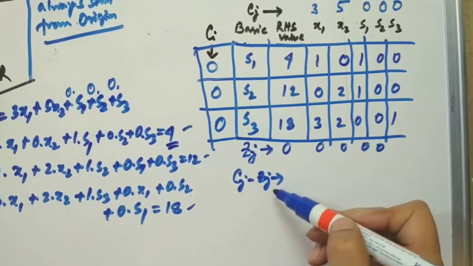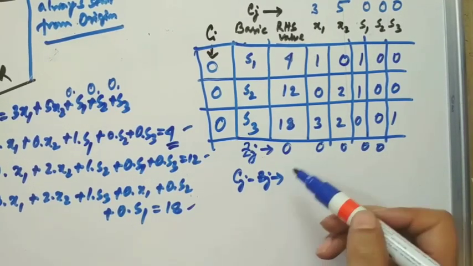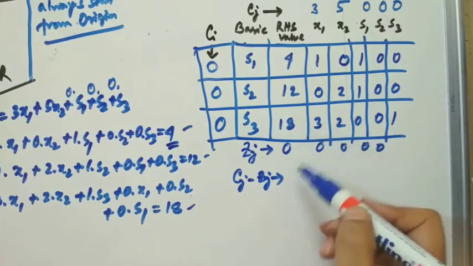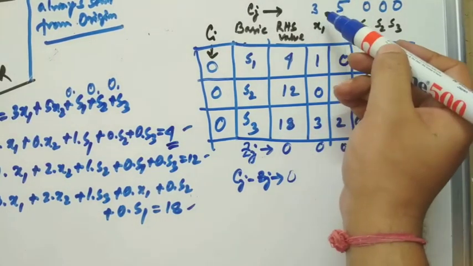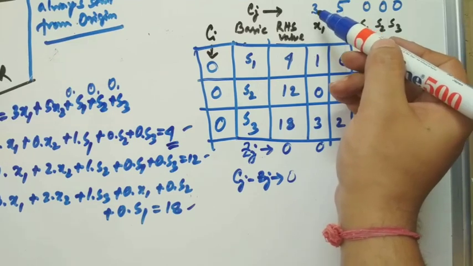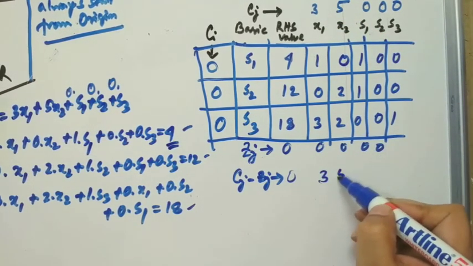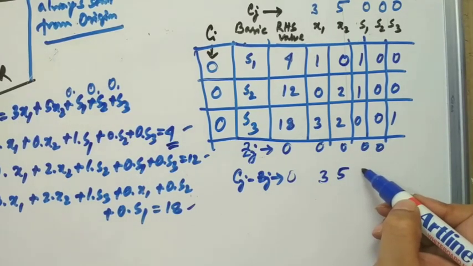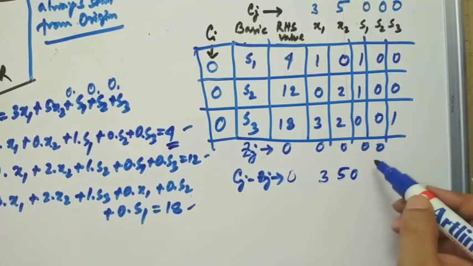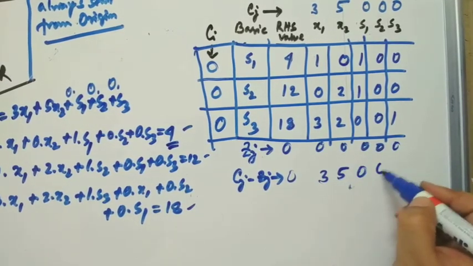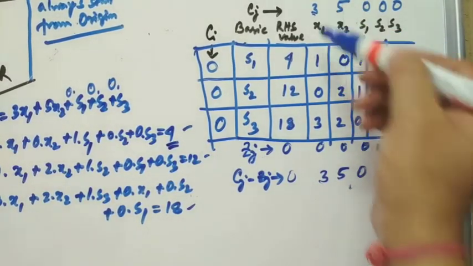Okay. Now Cj minus Zj, how to calculate Cj minus Zj? Cj are these values. Okay. For this it will remain 0 only. For this one, 3 minus 0, so 3, then 5, then 0, 0, 0, and 0. 5 minus 0.